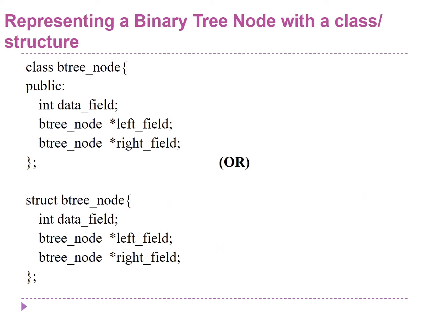The binary tree could be implemented in C++ by representing the binary tree node as a C++ class or a structure.